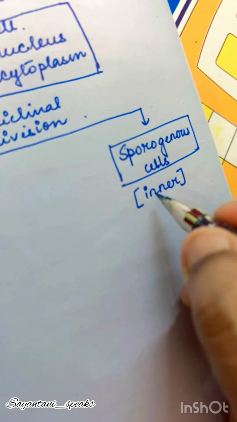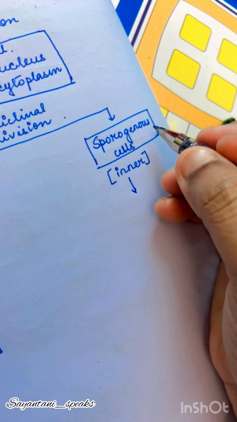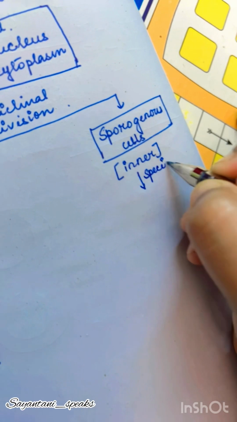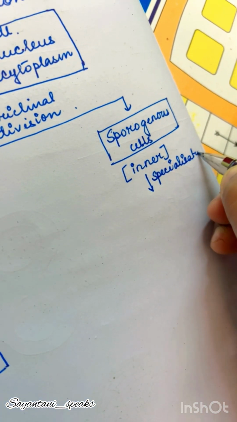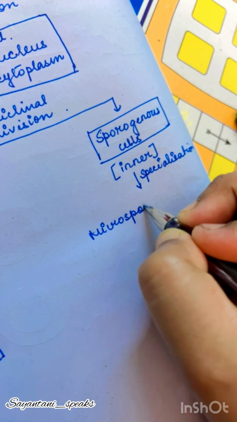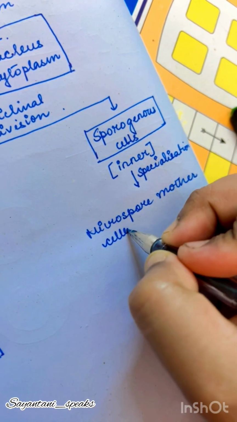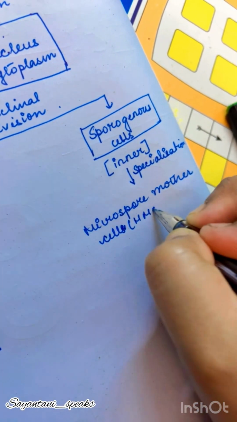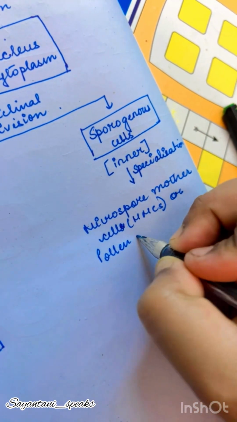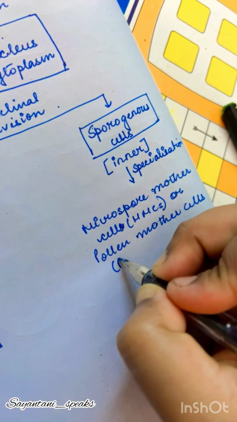And the inner segment, the sporogenous cells which were formed, undergo a special differentiation, and they form the microspore mother cells, which we can abbreviate as MMCs, or pollen mother cells, PMCs.